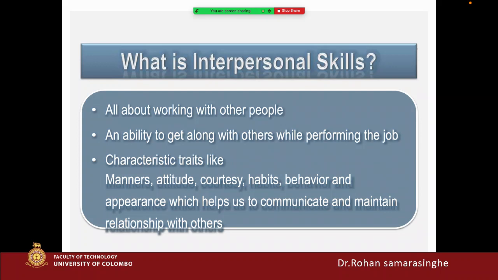First of all, people see your external appearance, then they form an image from that appearance. After that, from your behavior, your speech, your attitude, your manners as well as courtesy, they form a measure of you. Those are very, very important for interpersonal skills.